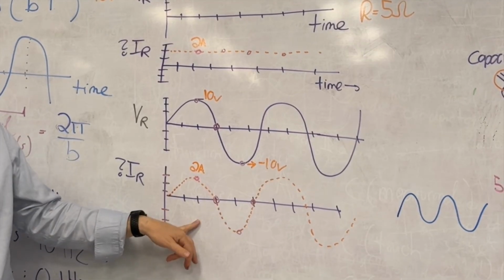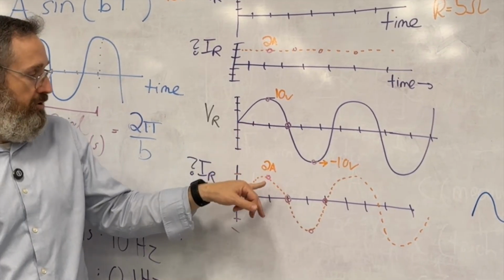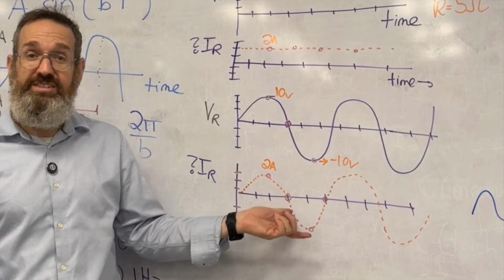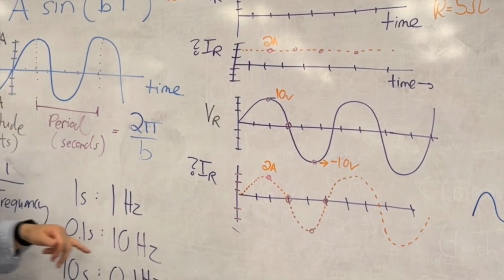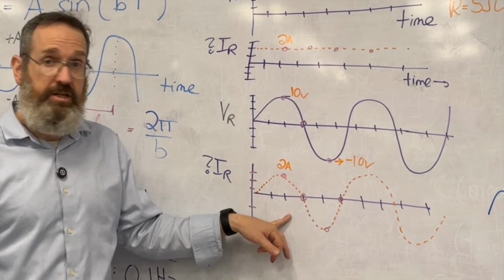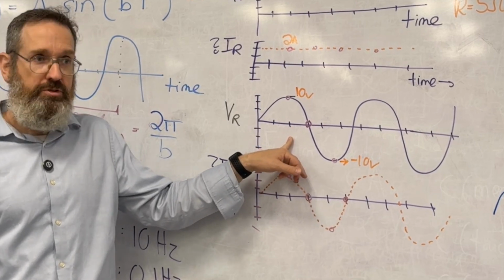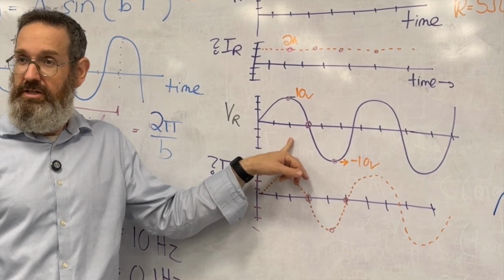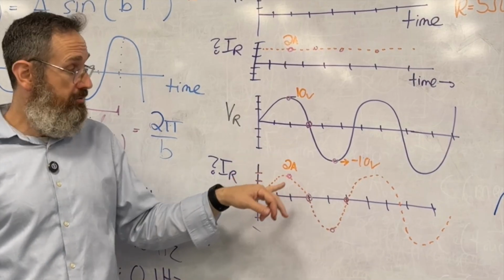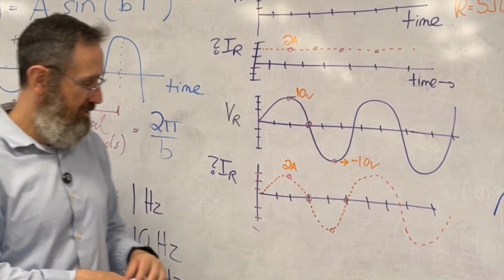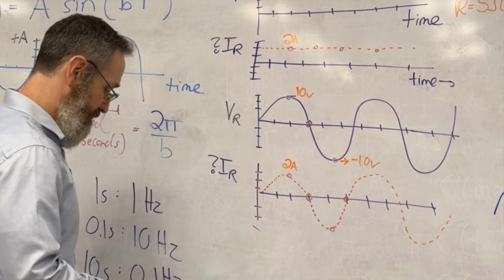And what's more, when the voltage goes up, the current goes up, and when the voltage goes down, the current goes down. The frequency of the current is the same as the frequency of the voltage. You see that intuitively?